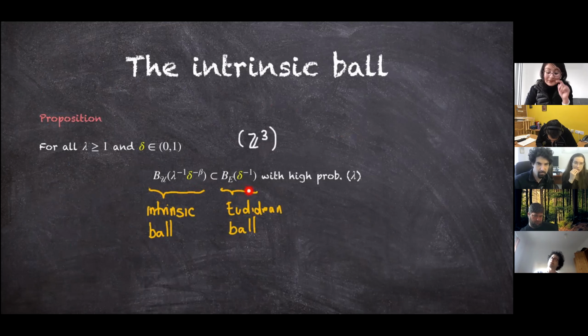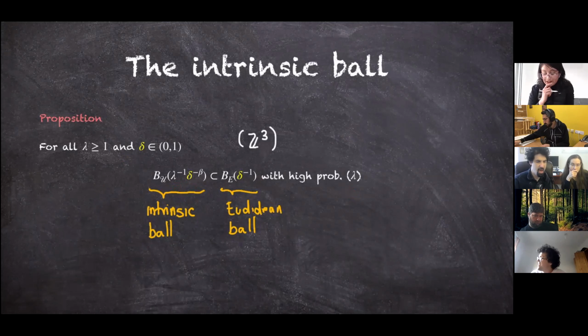So if I scale the Euclidean ball by delta to the minus 1, so this is a large number, and I rescale with the appropriate exponent, in this case the growth exponent beta, delta to the minus beta, and I leave a little bit of space, lambda to the minus 1, then with high probability the intrinsic ball is contained in the Euclidean ball. And this is with high probability that depends on lambda. So if I give more space, it's easier for this event to happen.